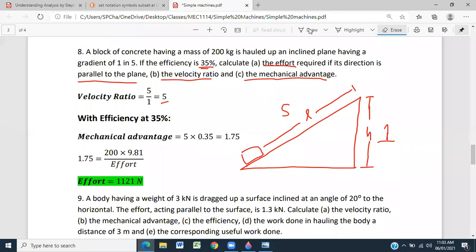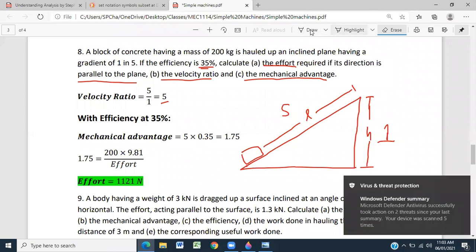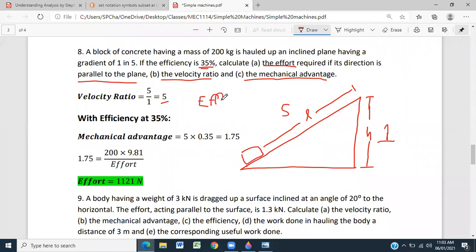So remember our old but gold formula, the efficiency equal to mechanical advantage divided by velocity ratio. Therefore, the mechanical advantage is equal to the efficiency times the velocity ratio. Efficiency is 0.35 per unit, or 35%, and the velocity ratio is 5. Calculating this gives us the mechanical advantage as 1.75.